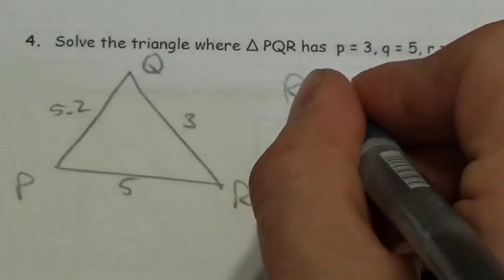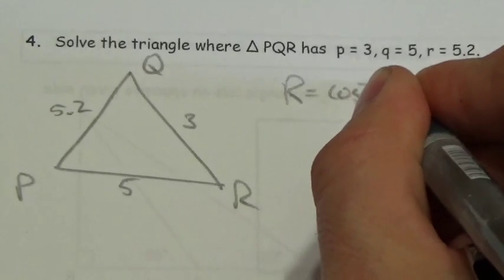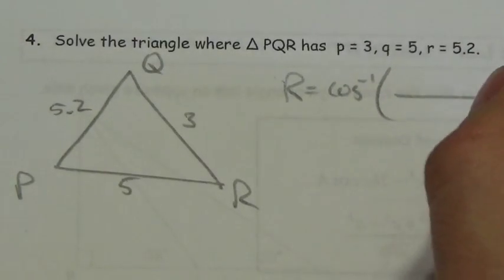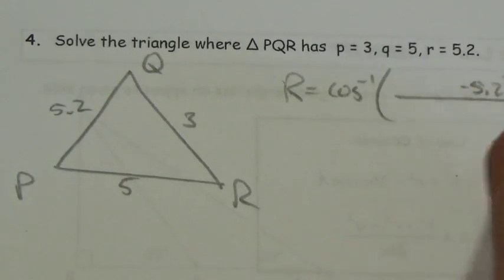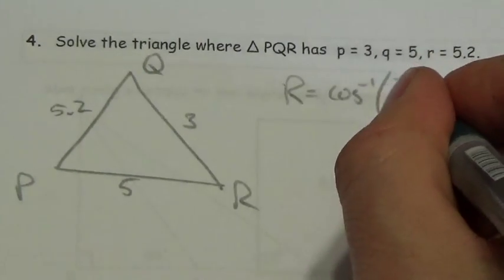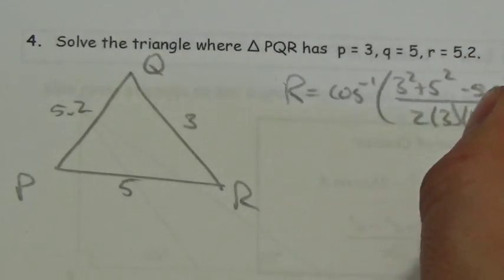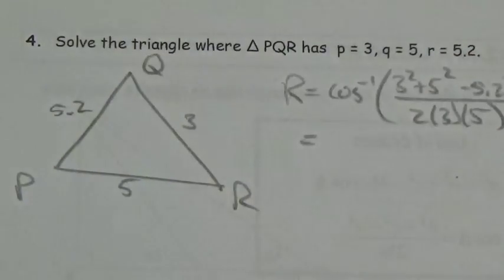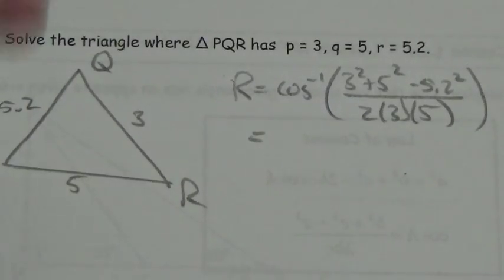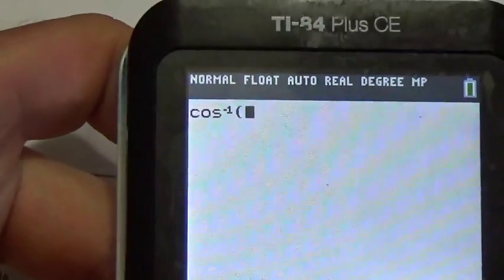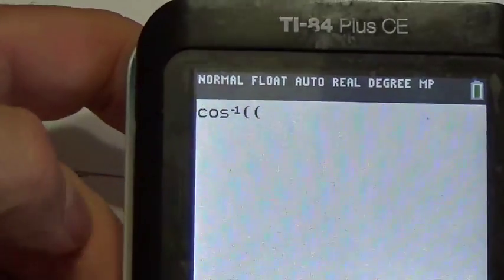So r is going to equal the inverse cosine of, now up here, remember I'm going to put minus 5.2 squared. And then with the other sides, it doesn't really matter what order we put those in. Sorry, this just becomes a little bit of calculator work. Inverse cosine of, now remember, I got to put a second set of brackets for the numerator.